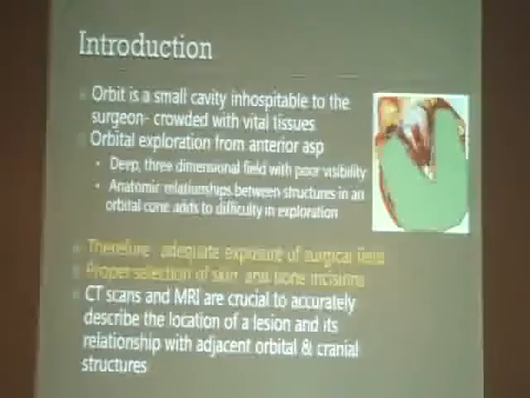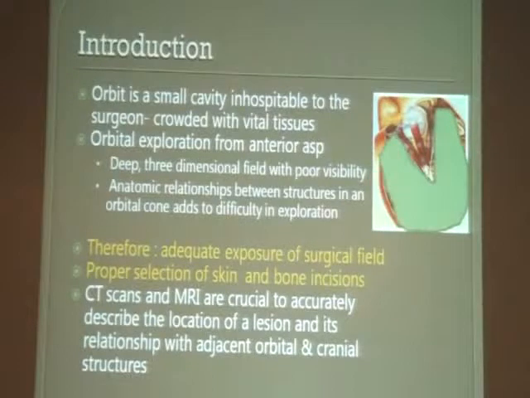CT scan and MRI advances have become crucial to accurately describe the location of a lesion and its relationship with adjacent orbital and cranial structures, and we are fortunate to have these advances.